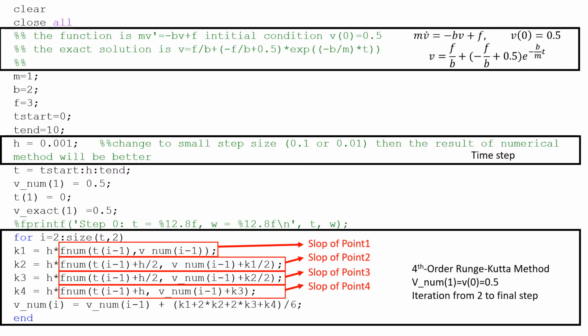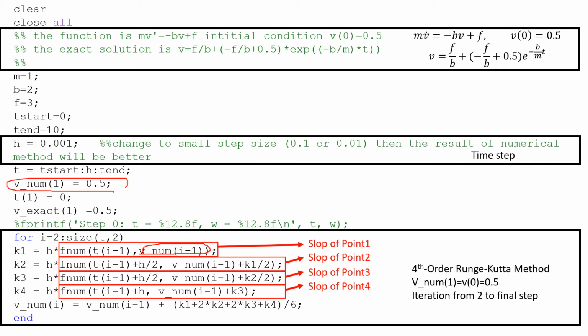So now we already have the slope function here. When I put in the time, I will use the previous time and also the previous point. If it is i equal to 2, it will be v numerical 1.